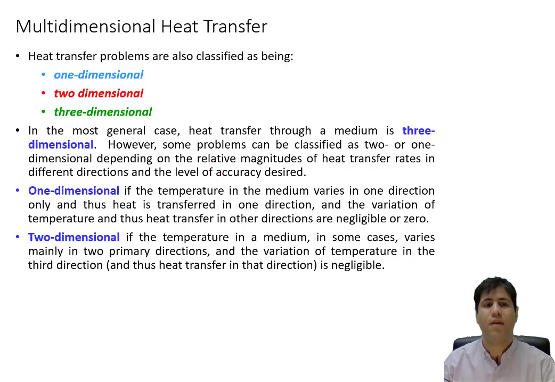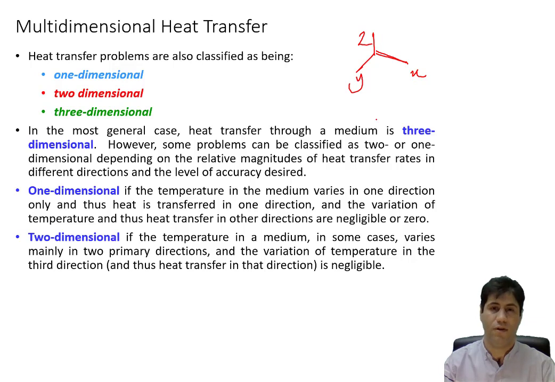Now let's see. I told you that we have direction of heat transfer, and in the real world we always have heat transfer in three directions. We have three-dimensional heat transfer: X, Y, Z. In the real world, we have three directions for displacement, for transfer, and so on, and heat transfer can also be in those three directions, X, Y, Z, always.